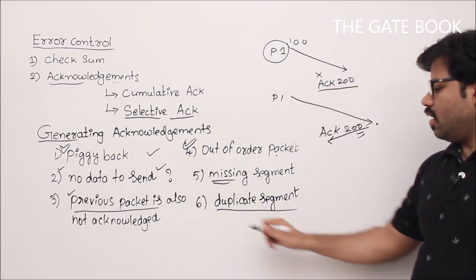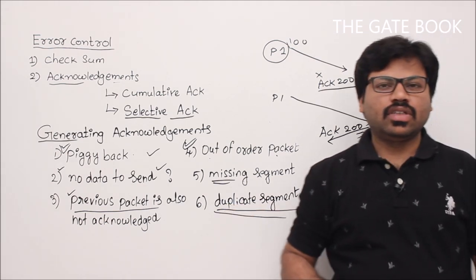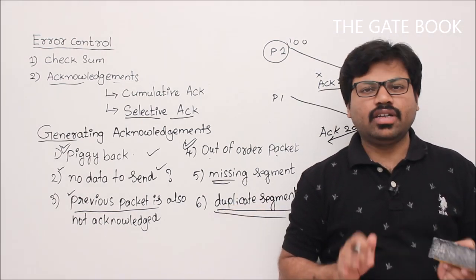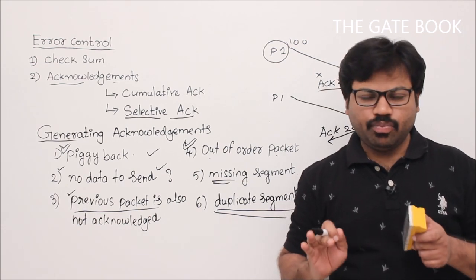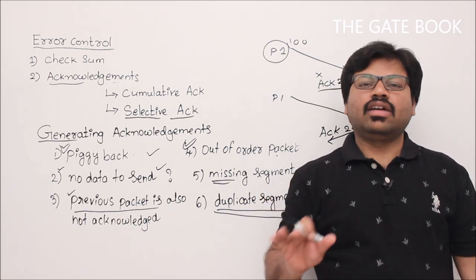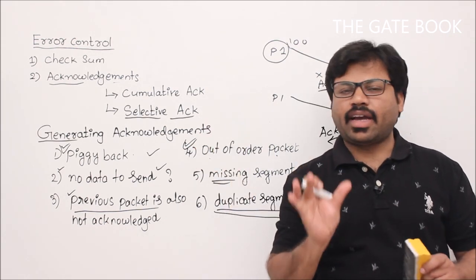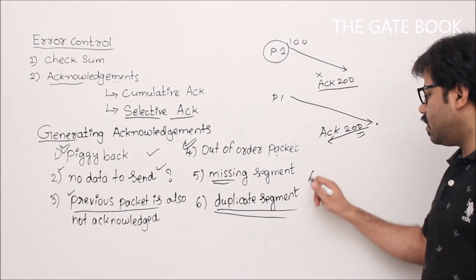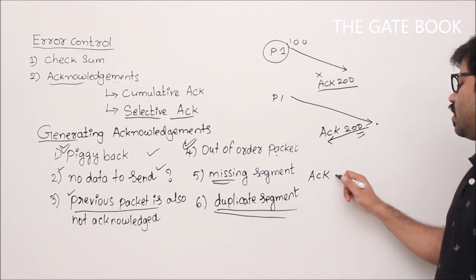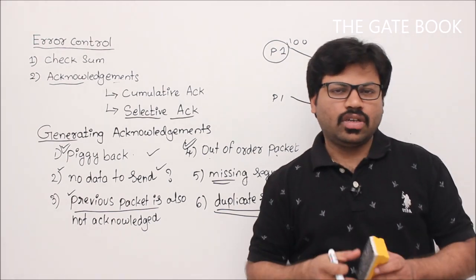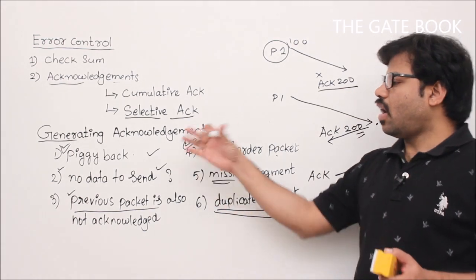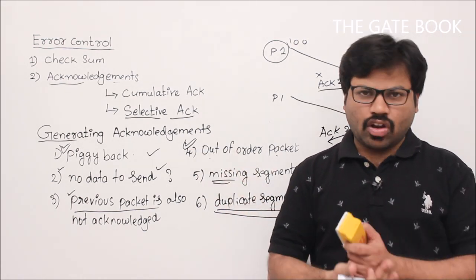So remember one thing, whenever a duplicate segment arrives, we simply send an acknowledgement saying I currently want this packet, the expected packet number, ACK expected number. That's it, as usual. So this is about all the various ways of sending acknowledgements, right?